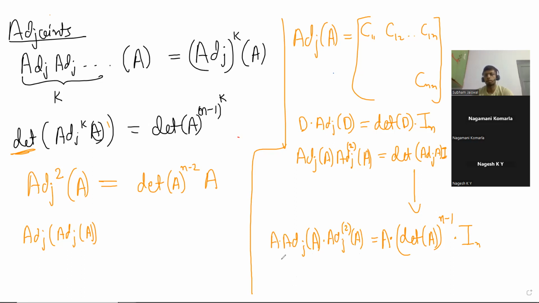So now A times adjoint A will become det A times I, and then we would have isolated adjoint squared A. These two can commute. This is just a number. So it'll become A.